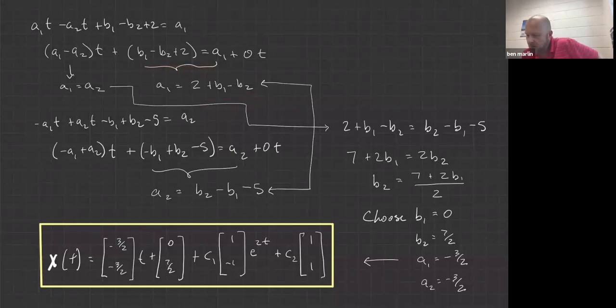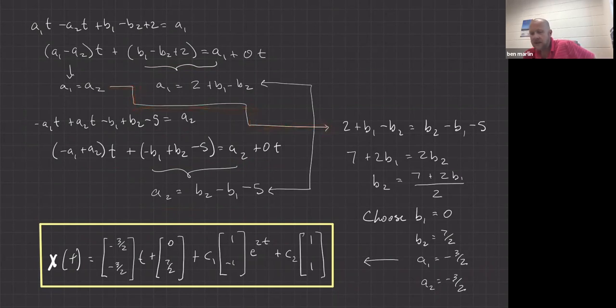And then on the other equation, we break it out the same way. And then we find out with the constant stuff that a2 has got to be equal to b2 minus b1 and minus 5, okay?